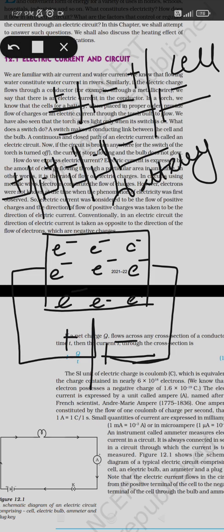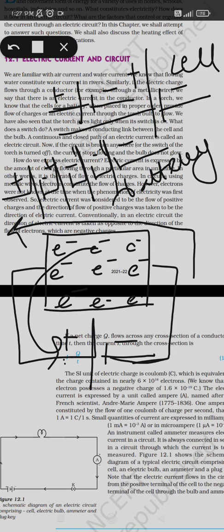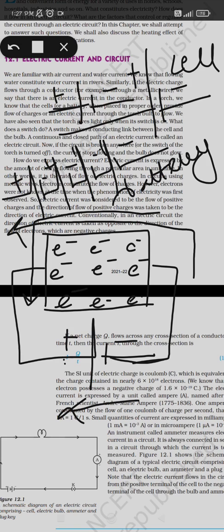The electrons are already negative, so negative charges repel, that is, they travel away from the negative terminal. Since the other terminal is positive, the electrons get attracted towards it, so the electrons move from negative to positive.